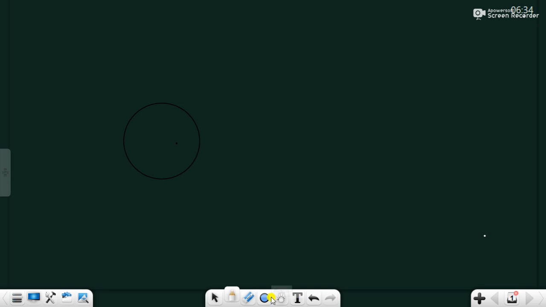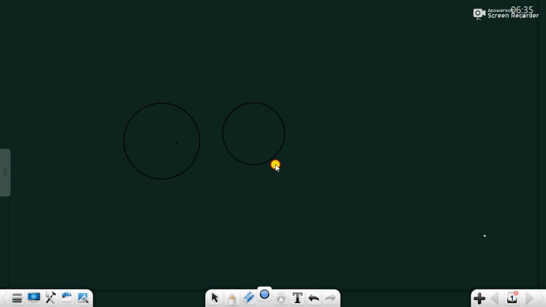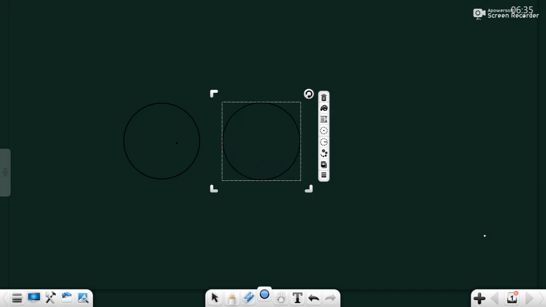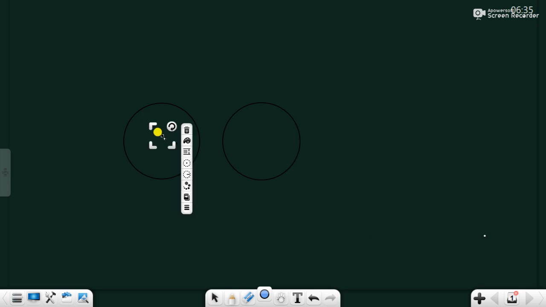We take another circle here, and we compare both the circles. How to compare? Suppose this is the center of this circle, and this is the center of the other circle, and the radius of this circle, this is the radius.